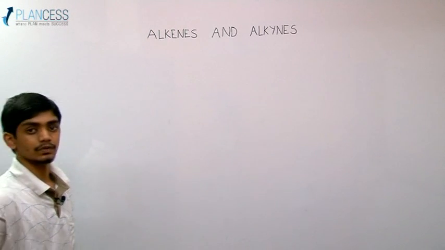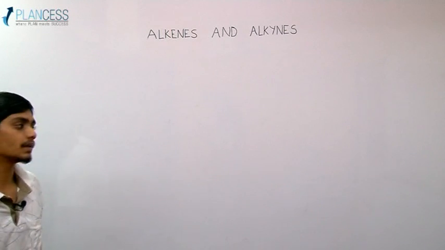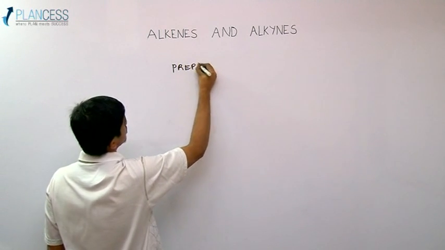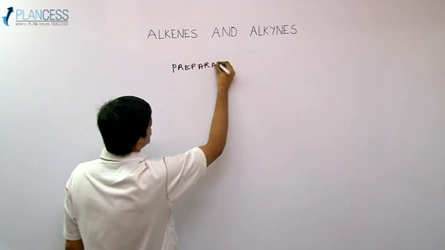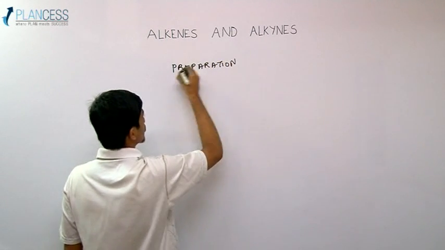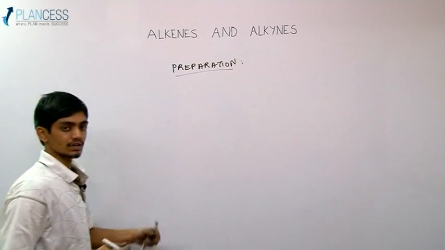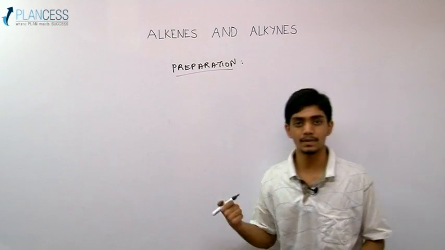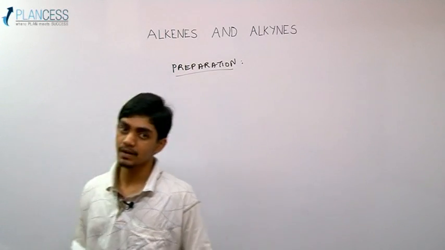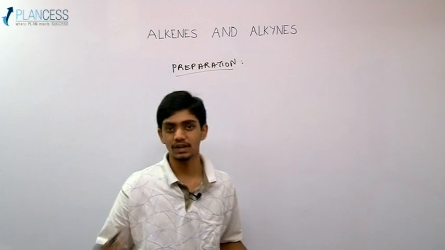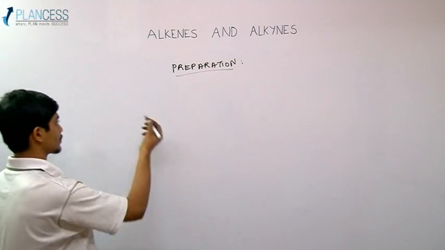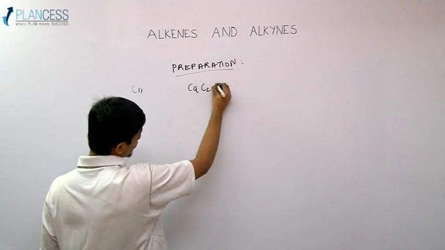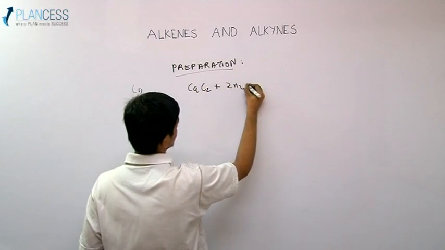But before going for the properties, we need to see the preparation. We have seen the physical properties, now we need to see the preparation. This is the order we follow for each and every group. We see what the structure is and what clues we can get from the structure about the properties. Then we see how it is prepared. Then we go for the physical and the chemical properties. So now the preparation: it can be prepared from an inorganic compound by this reaction.